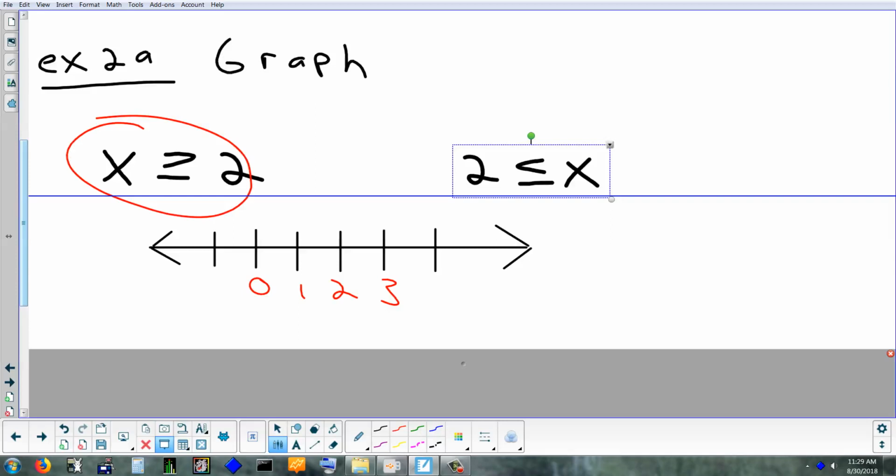So we need a closed circle on 2. Perfect. Closed circle on 2. And which way am I going to shade? Right. To the right. We want to shade everything that's greater than 2. So that's to the right. Okay, I know some teachers have you shade above the number line. I don't really care if you shade above it, on it. Anything like that is fine.